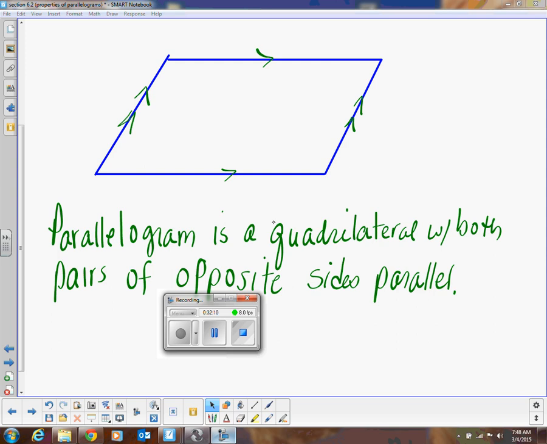And let's name this point in the center E. Using your patty paper, I want you to compare PE to RE. I want you to compare LE to AE. Tell me what relationship you see.